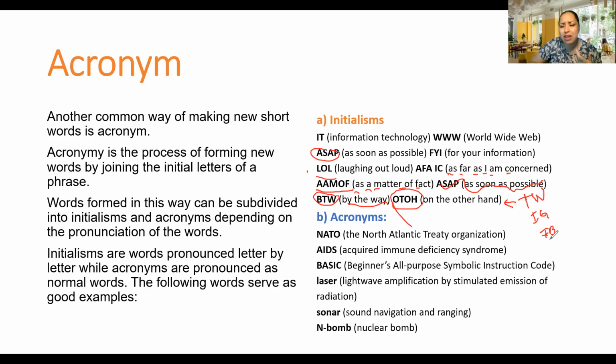On Twitter, you actually have a count for words. You can refer to an article and then write a little more, but it's usually for short messages. And so you're going to see these acronyms a lot over there, like OTOH, BTW, ASAP, IT, FYI, and so on.